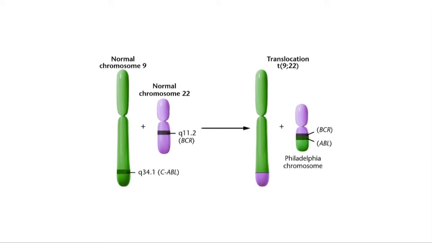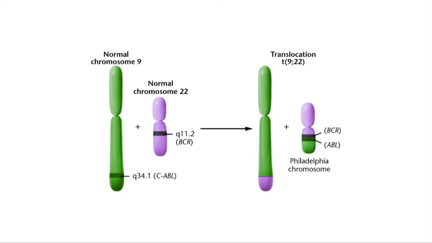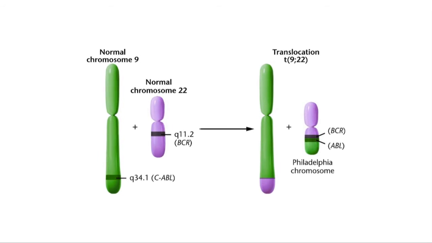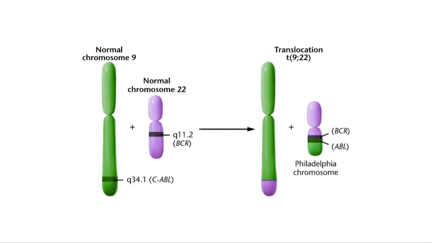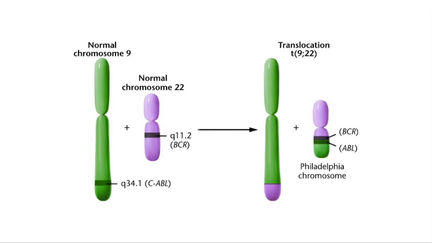Another example of an oncogene formed by translocation is the translocation of the ABL proto-oncogene from chromosome 9 to chromosome 22 in chronic myelogenous leukemia.